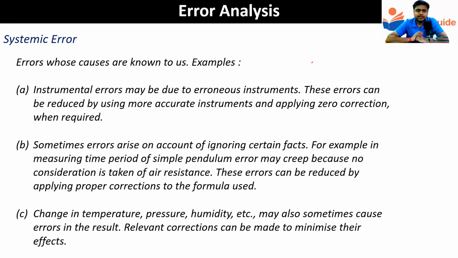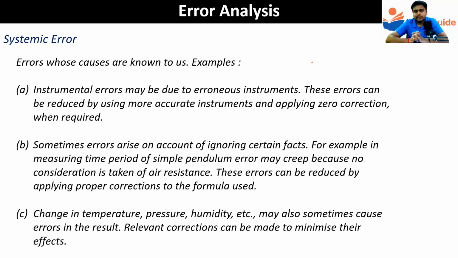So instrumental errors are errors whose causes are known to us, which may be due to erroneous instruments. We just saw yesterday how zero error can occur in both the vernier calipers and the screw gauge.